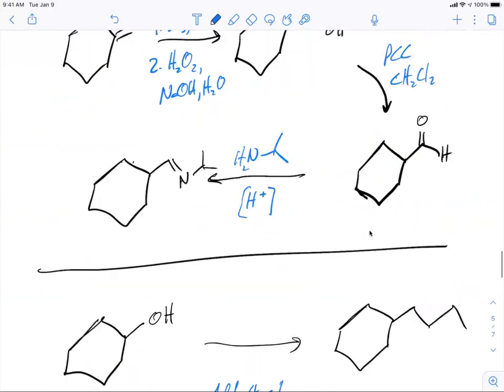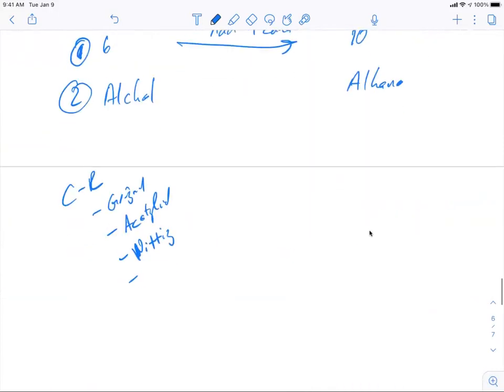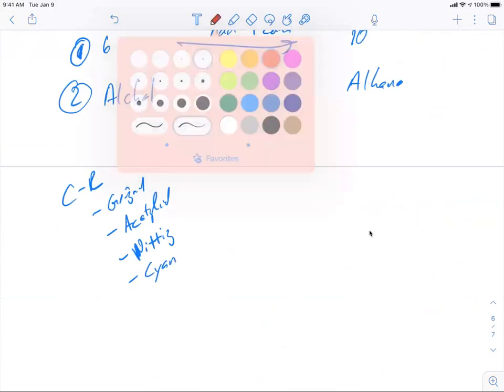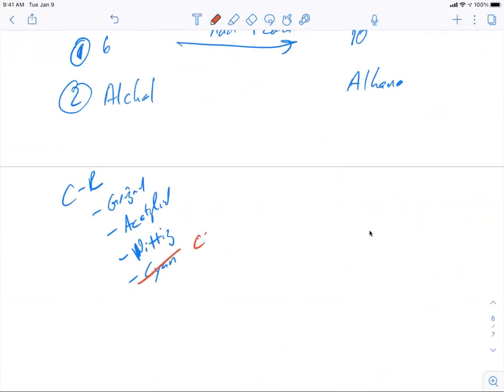This one's probably not going to be very useful, but the cyano reaction, right? If we look at these, this one doesn't work, right? Because it only adds 1 carbon and then a nitrogen. So therefore I'd have to figure out a way to add more carbons. Could I add 4 carbons with Wittig? Yes, I could add that. The ylide, yeah, that would work.